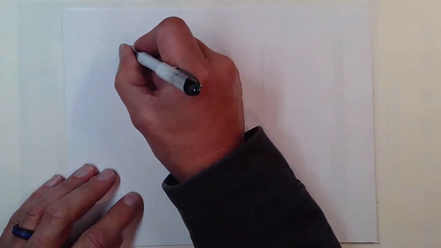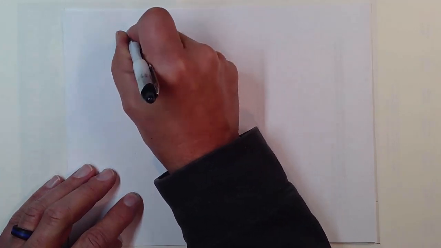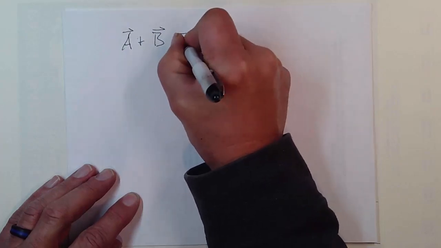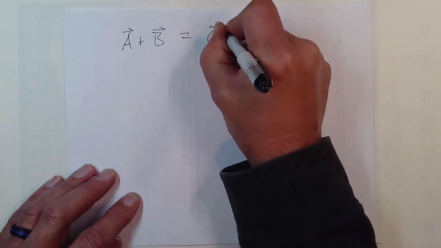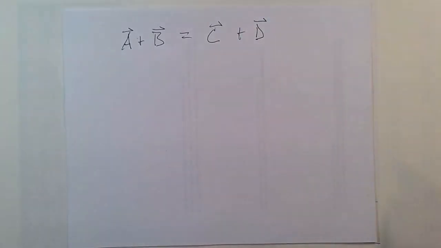If we have a vector expression, for instance, we have that A plus B is equal to C plus D. And these can get relatively complex.